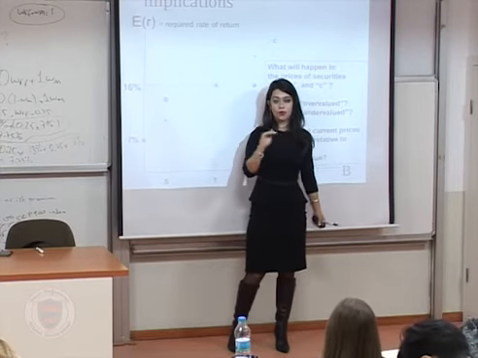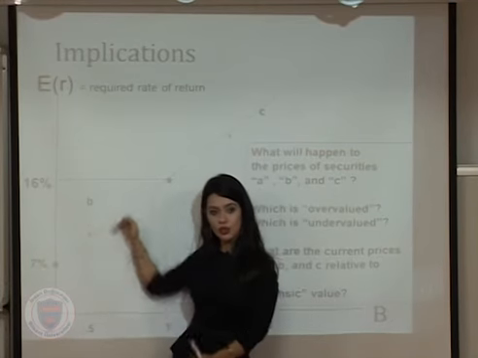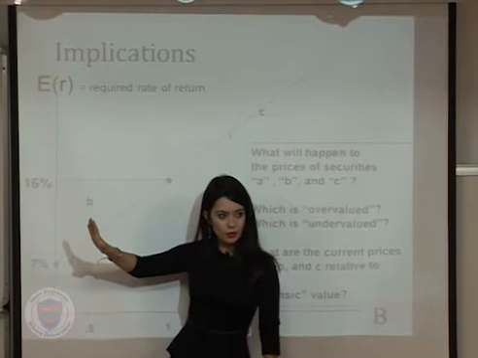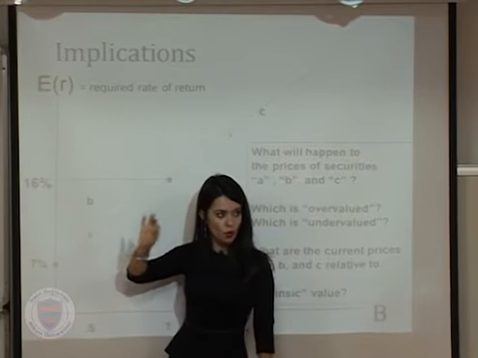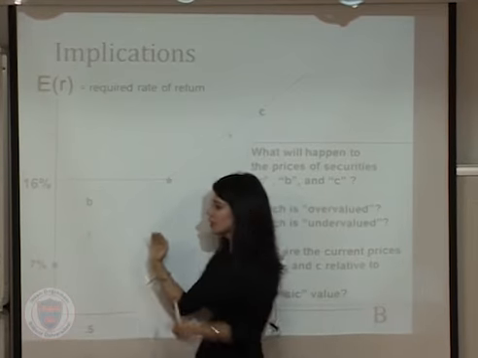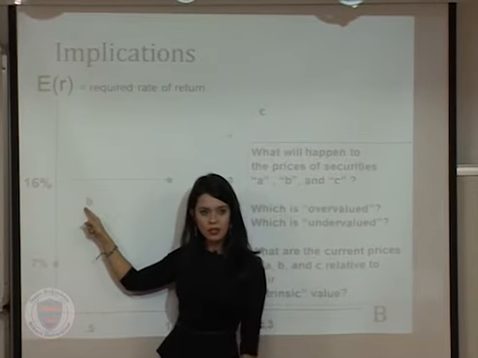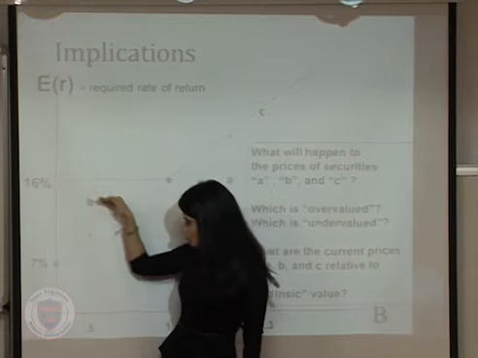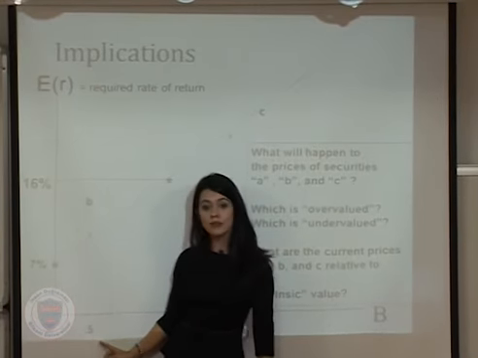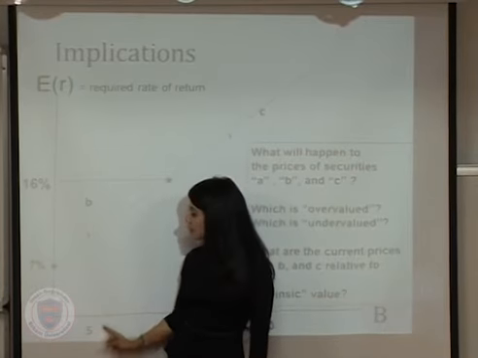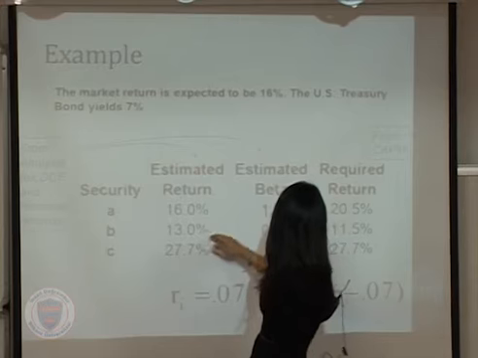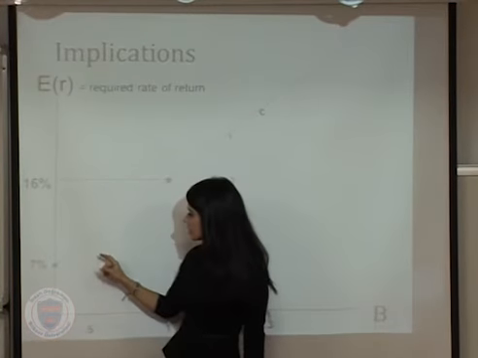So if CAPM works, all prices should go toward the security market line, right? Do you agree with this? If CAPM works, all the returns should go to the security market line. For B, the return for a stock which has 0.5 beta, CAPM says its return should be equal to 11.5%.